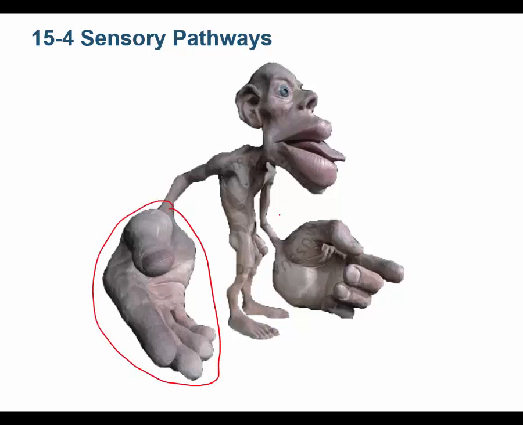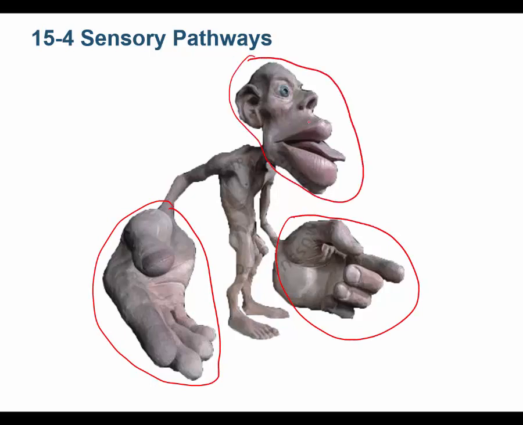You'd get huge hands. All right. You'd get huge facial structures, especially the lips, because your lips have a ton of sensory fibers in them. And this is why kissing is so pleasurable to most people, because the lips have just a ton of sensory receptors in them.